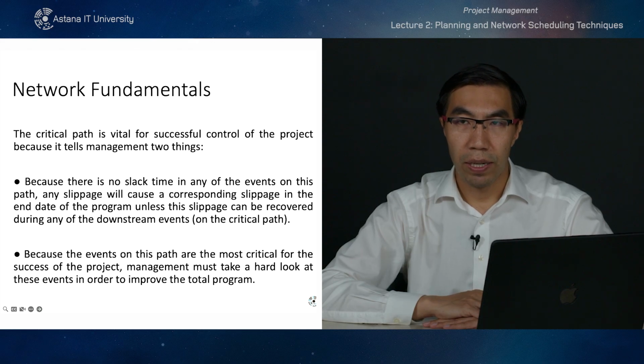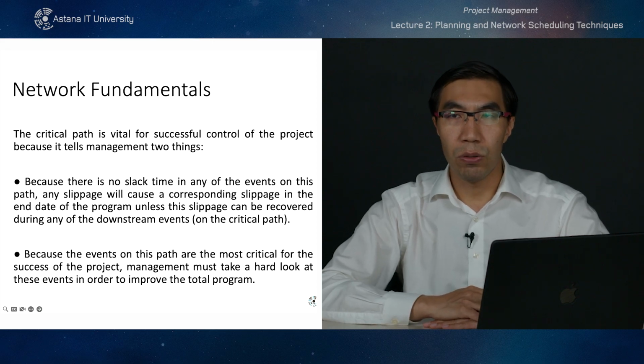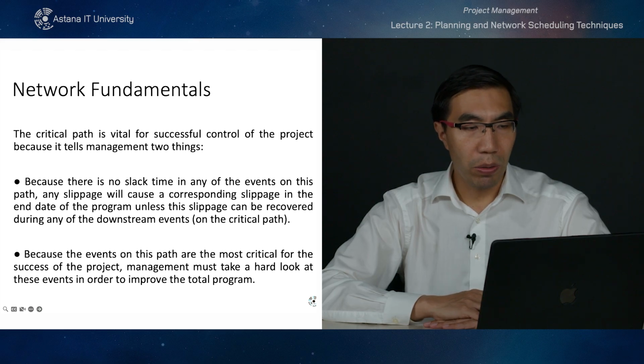So if you delay any activity on the critical path, the duration of the whole project will be extended. Because events on this path are the most critical, management must take a hard look at these events in order to improve the total program. Now let's take a look at an example of a PERT chart.